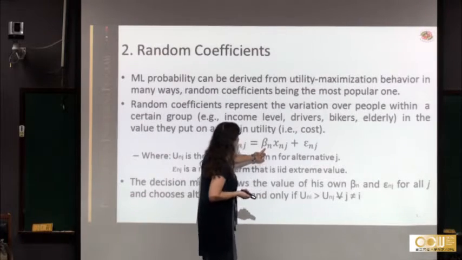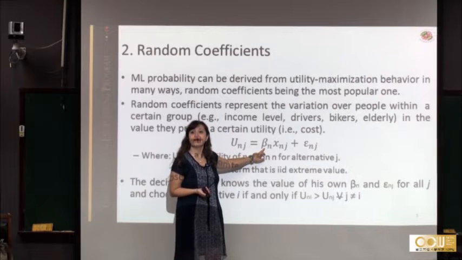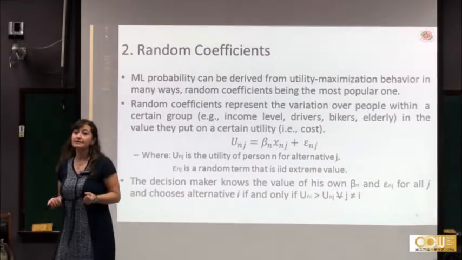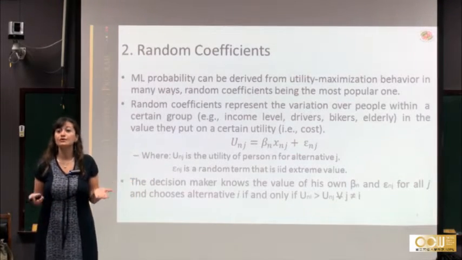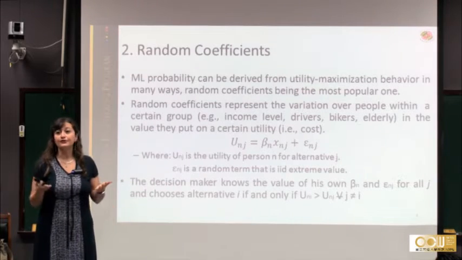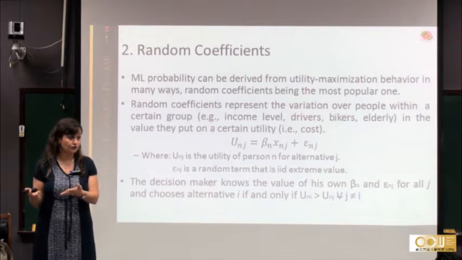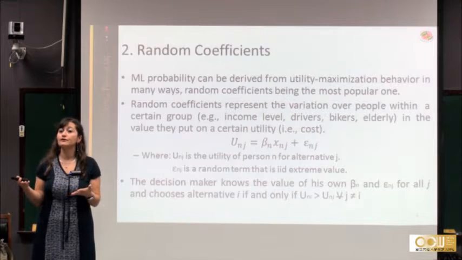In the random coefficient specification, these betas are random variables, right? So you want to estimate this distribution, and depending on the distribution, you need to estimate the parameters of this distribution. For example, if you have a normal, what you want to estimate is the mean and the standard deviation of the normal. The same for the log normal and for all the transformations of the normal.